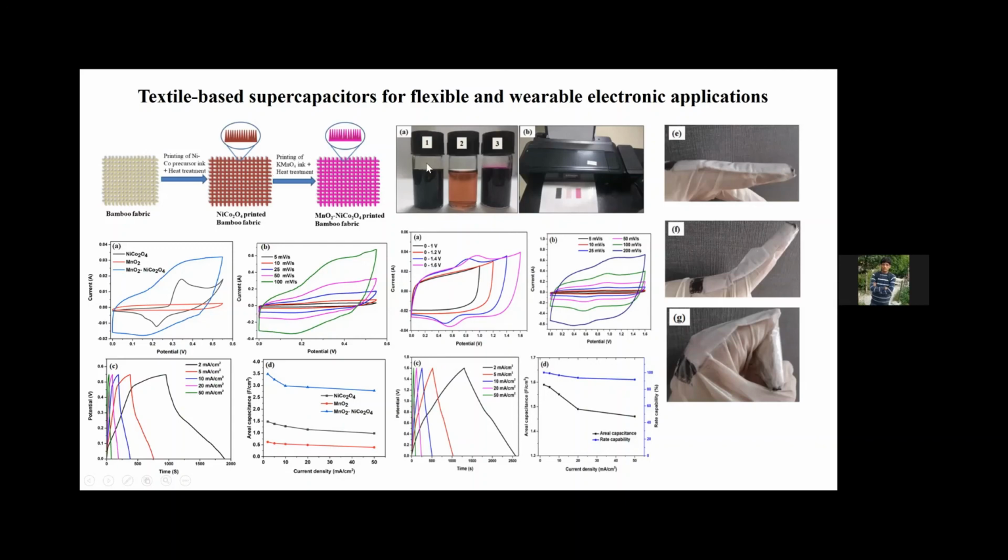They first make different solutions, and using a normal printer, they print the liquid onto the fabric, which is much more flexible, as we can see here. Then they assemble it into devices. They get very good areal capacitance, and we can see here the flexibility for wearable applications. We can make this type of device too.